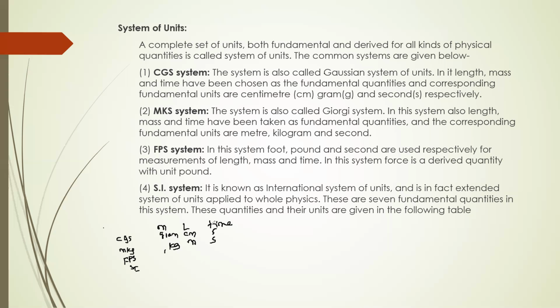The SI system is also known as the International System of Units, or Système International. It is an extended system of units applied to the whole of physics. There are 7 fundamental quantities in the system, and these quantities and their units are given in the following table. Let us see the next slide.